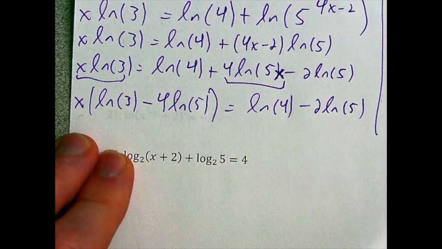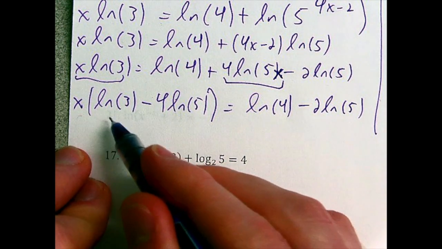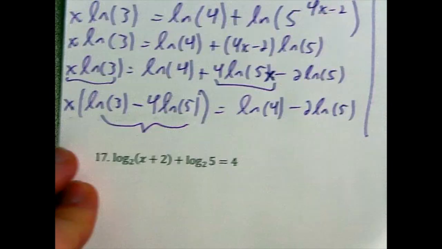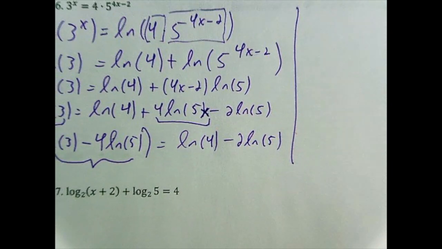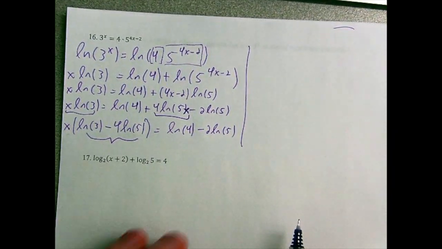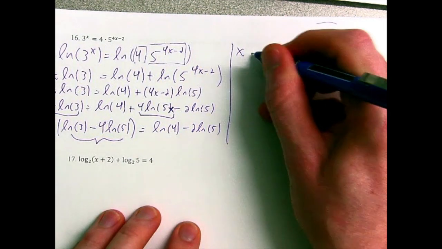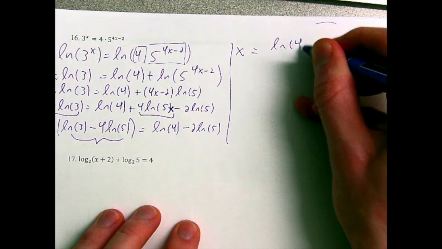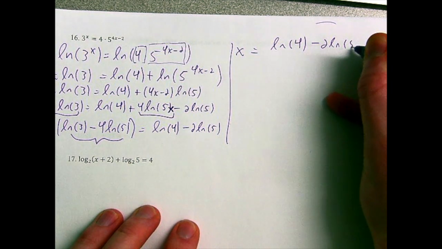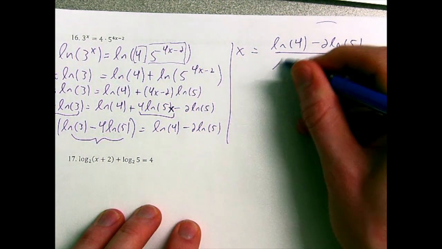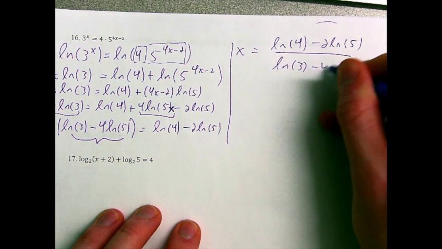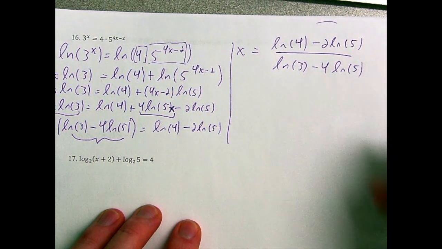Okay, and then to get the x by itself, you have to divide both sides by this expression here. So doing that, I'm going to get, what a lovely problem this is. X is equal to natural log of 4 minus 2 ln of 5 over natural log of 3 minus 4 natural log of 5. That's an exact answer.